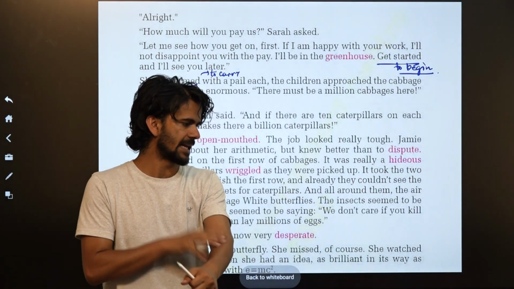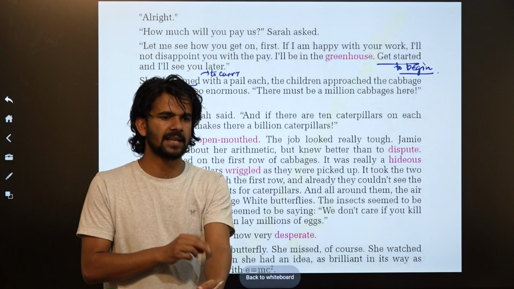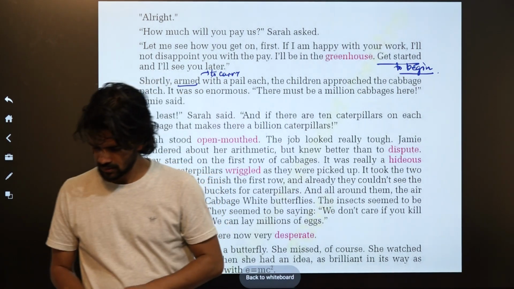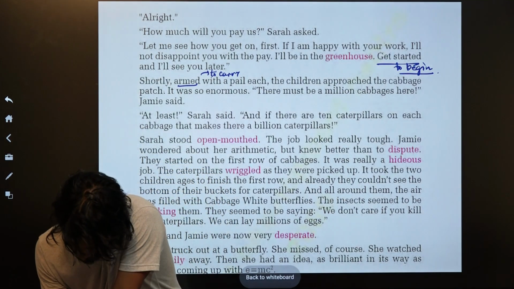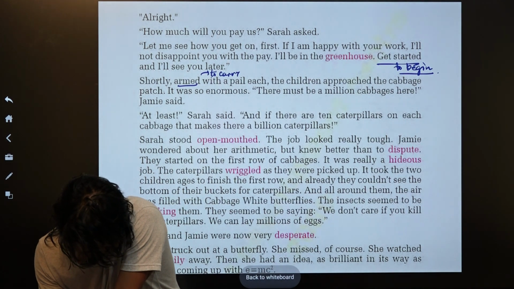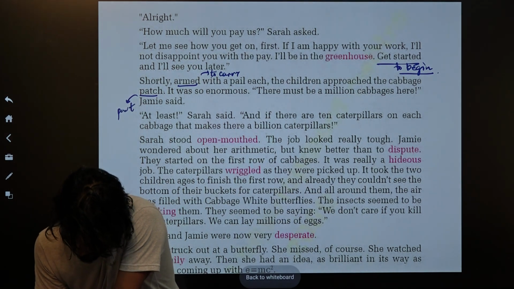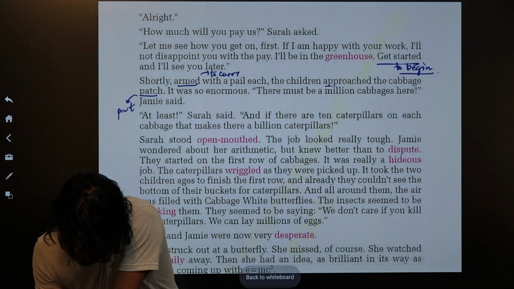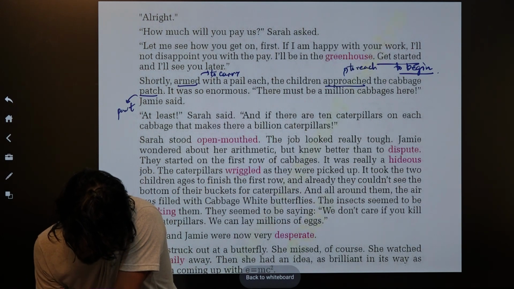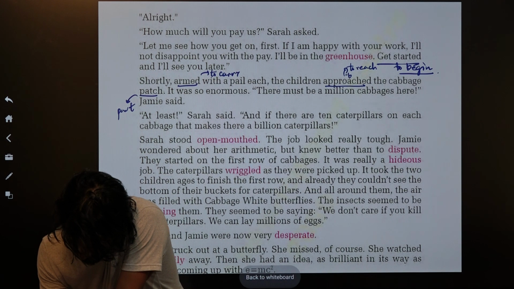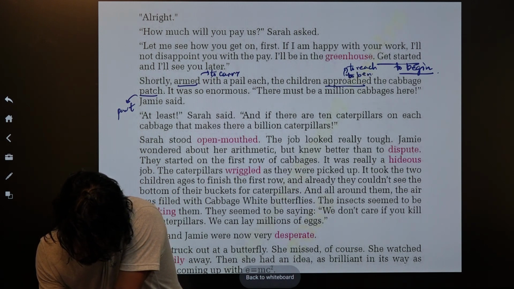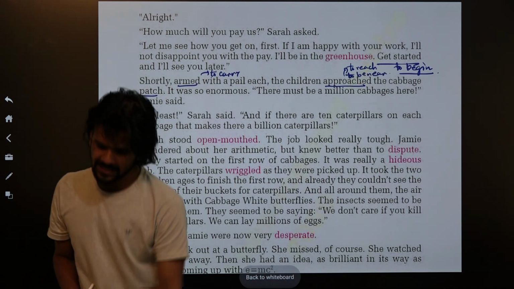Patch is a part, okay. So they approach. To approach means to reach, or to go, or to be near. So they neared the cabbage patch.